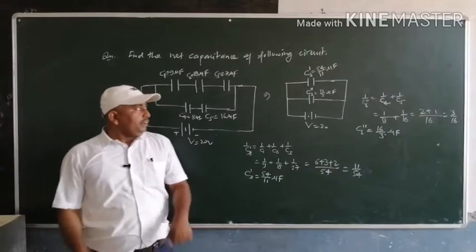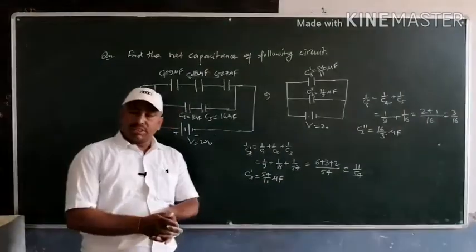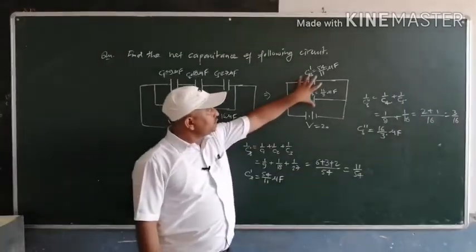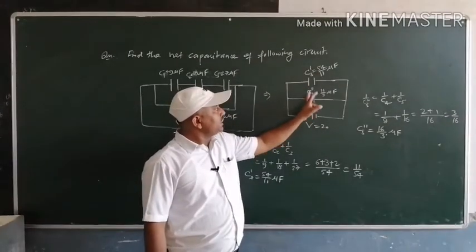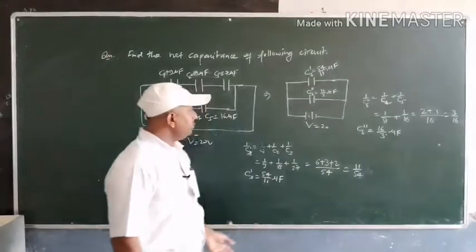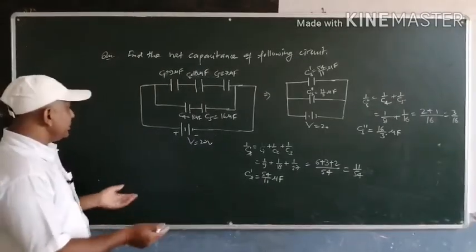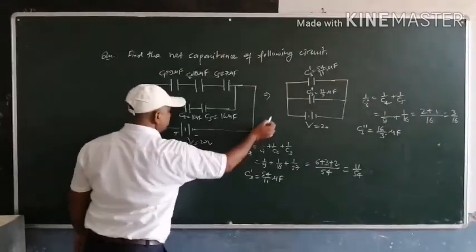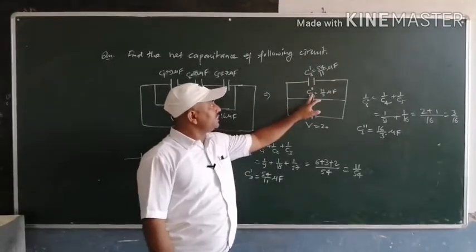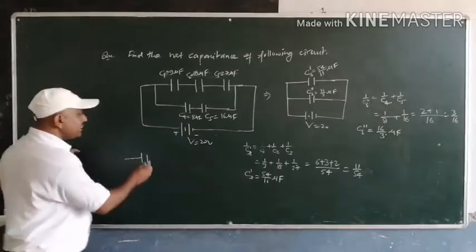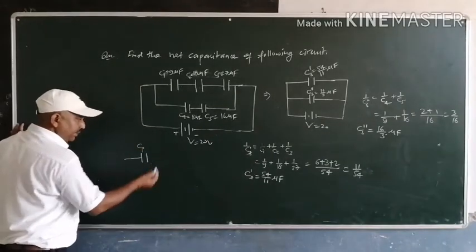Now, if we want to calculate the parallel combination of these two capacitors, Cs dash and Cs double dash, we can easily draw another circuit which is equivalent to this, and both capacitors can be replaced by a single capacitor, suppose Cp.